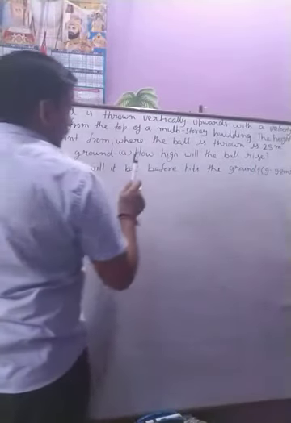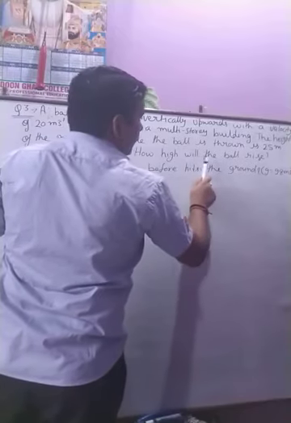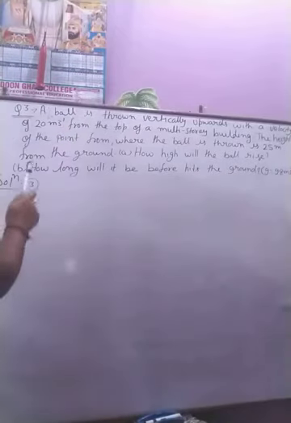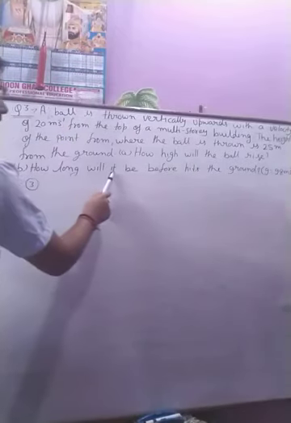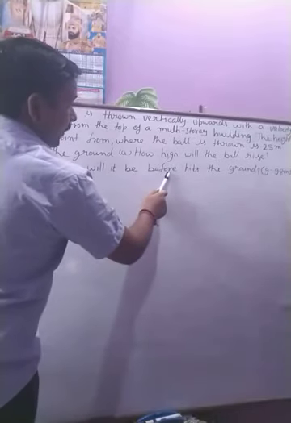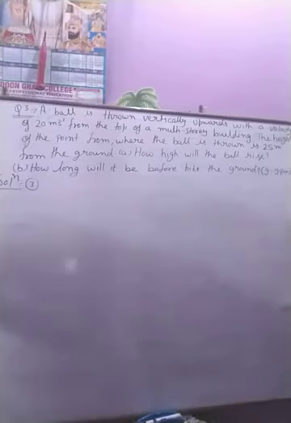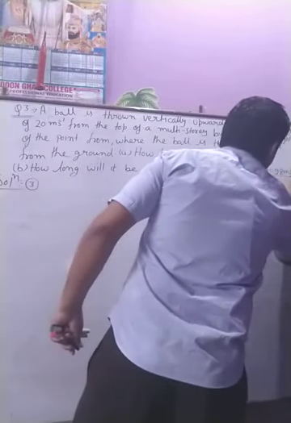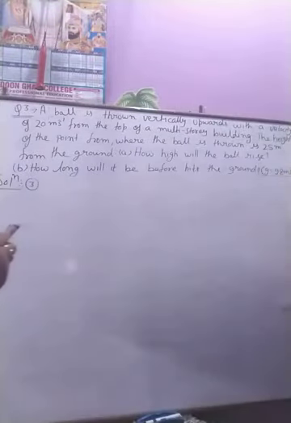So we first calculate how high will the ball rise, and second, how long will it be before it hits the ground. We need to take here the value of g as 9.8 meter per second square.